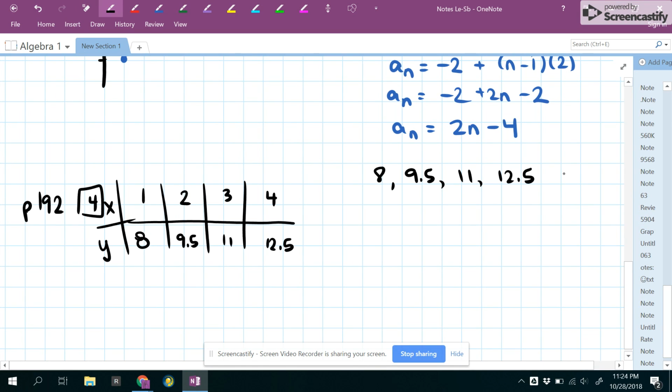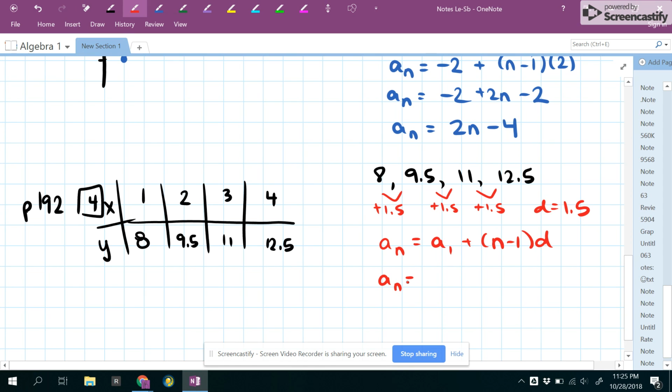So your first job, as always, is to decide, is this arithmetic? Does it have a common difference? So hopefully you notice that you are adding 1.5. And since you're adding 1.5, you should be able to write an equation. And again, you're using a sub n equals a sub 1 plus n minus 1 times d.